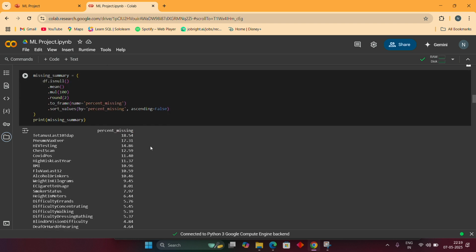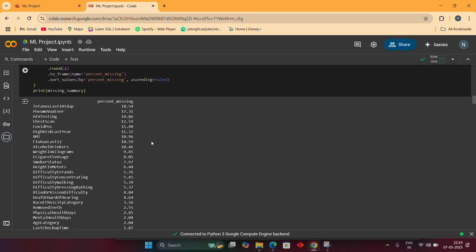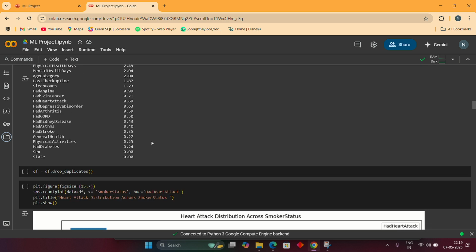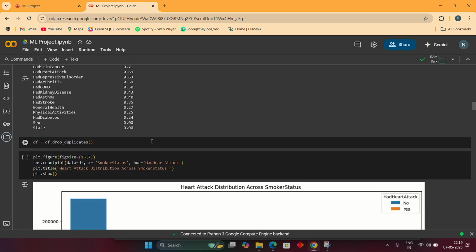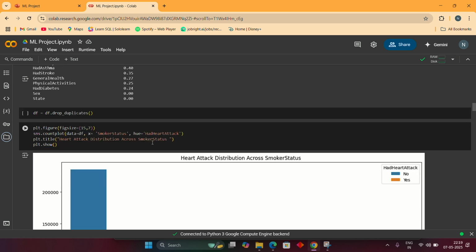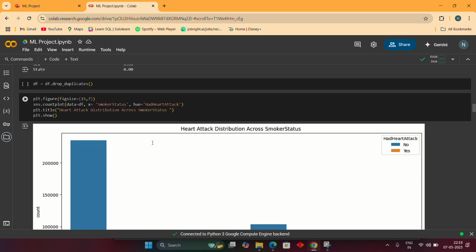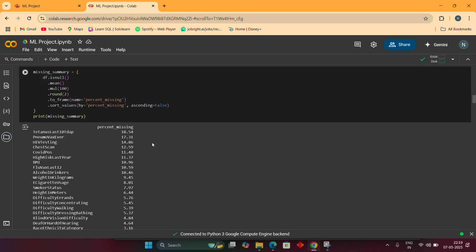And we decided the threshold: if any column has more than 40% of missing values, we'll delete the column. But it turned out that all the columns were less than the threshold, so we used basic techniques like median and mode to fill out the missing values in the data. We used median for numerical data columns and mode for categorical data columns with missing values.